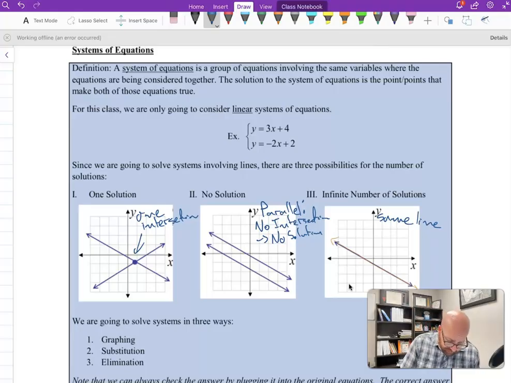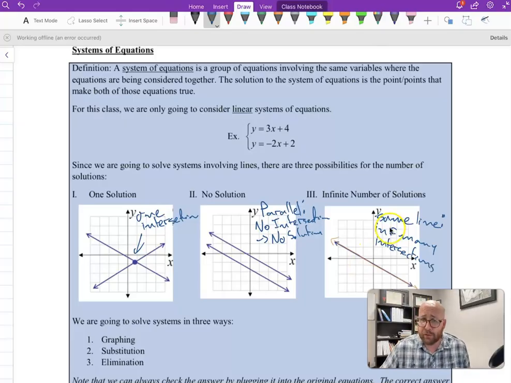So the same line means that we have infinitely many intersections. And if we have infinitely many intersections, we have infinitely many solutions.